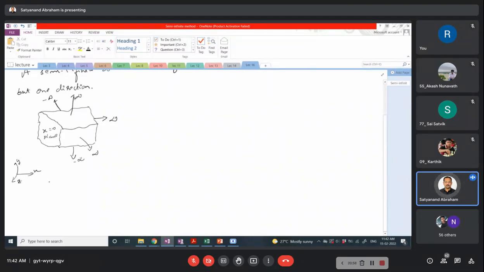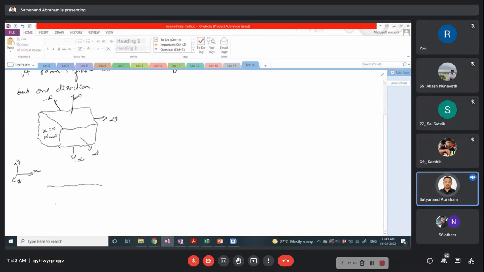If we change the temperature at the x equal to 0 plane, the x equal to infinity end is unaware of the changes. That's why semi-infinite solids are important.